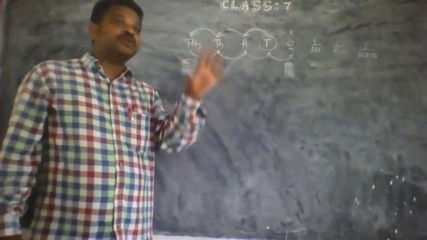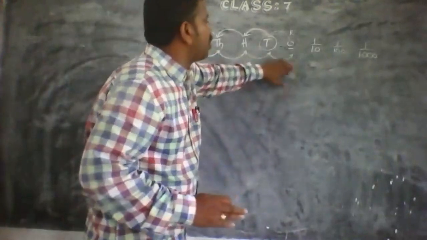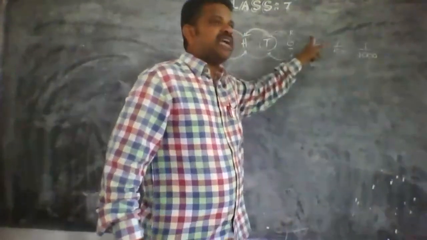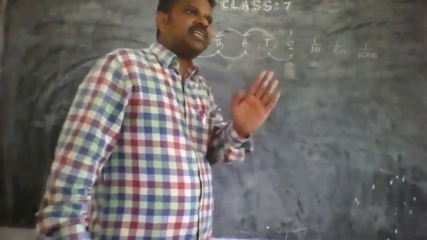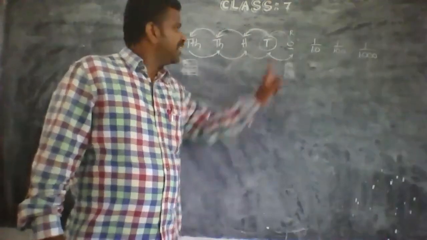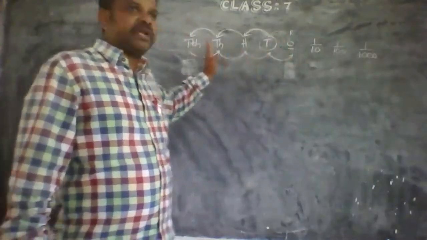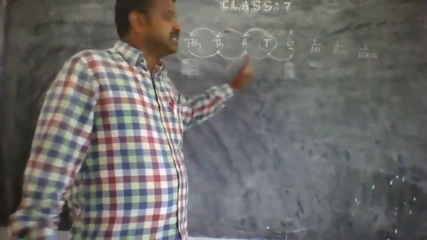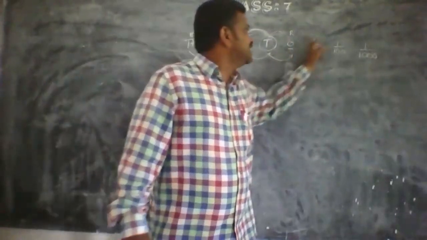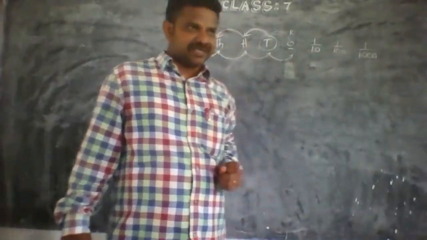In our place value chart, a part is always less than a whole number. From one's place to the left, all the places are whole number part. But from here onwards, this is the fractional part, called the decimal part.